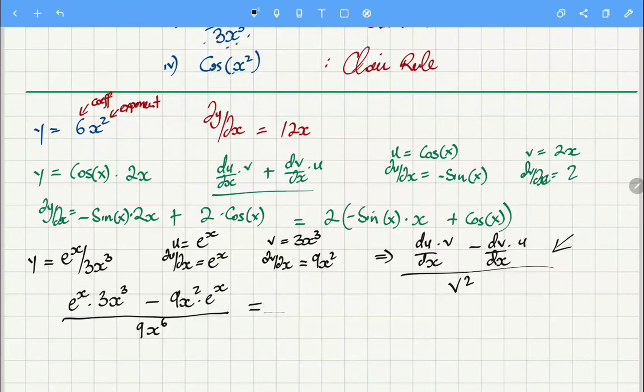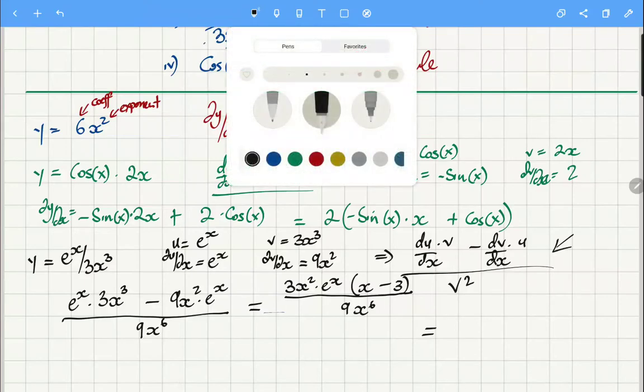Okay, then further simplify that. What I'll do is I'll factor out 3x squared times e to the x, and that will leave me an x here minus 3 over 9x to the power 6. Okay, then obviously reduce everything.